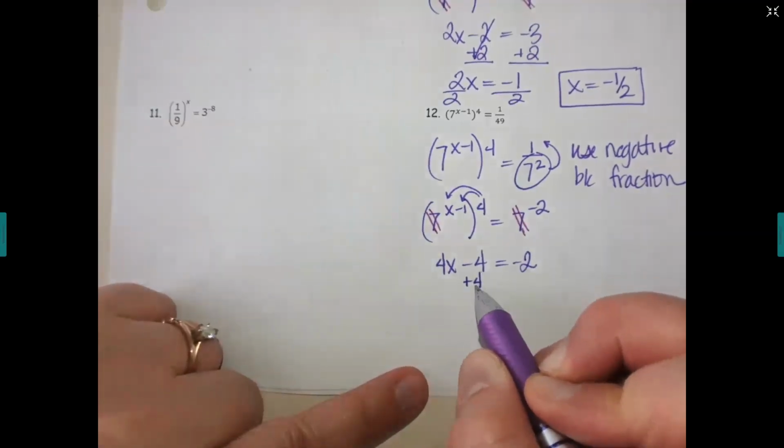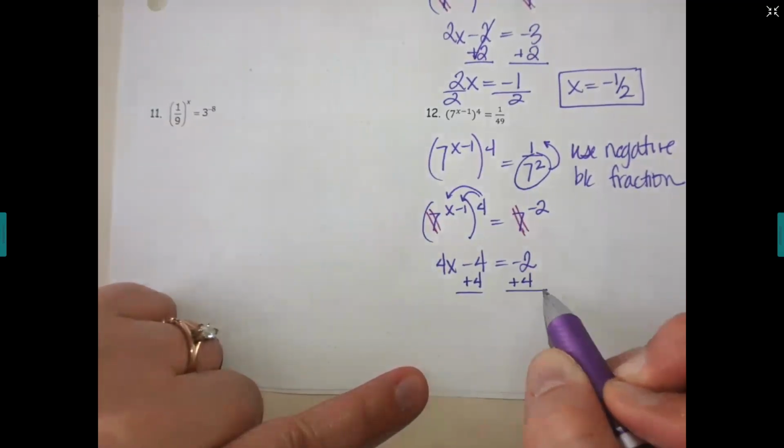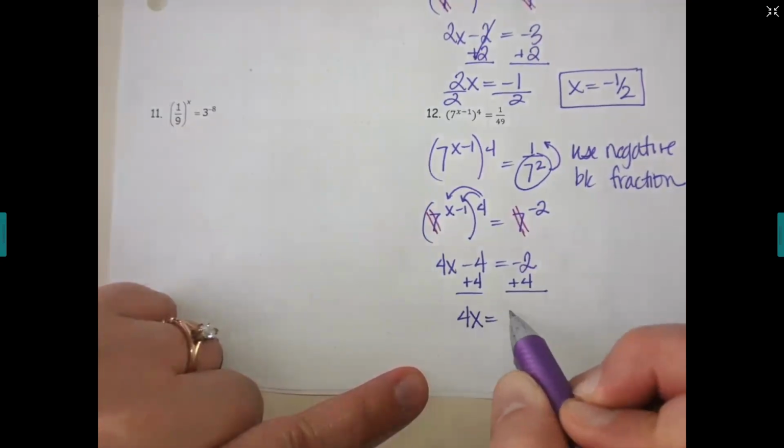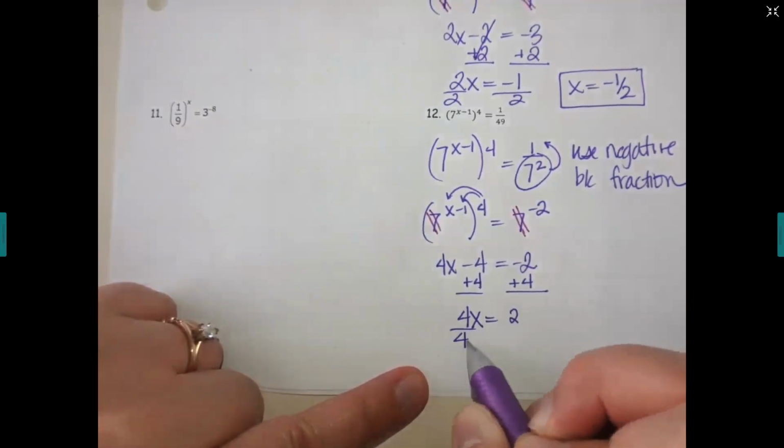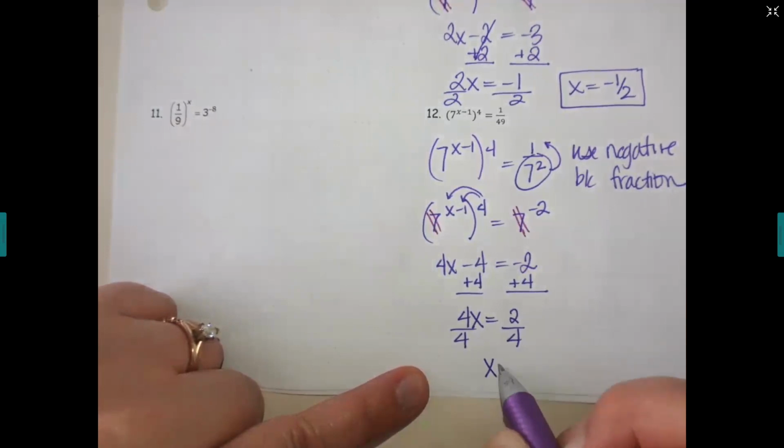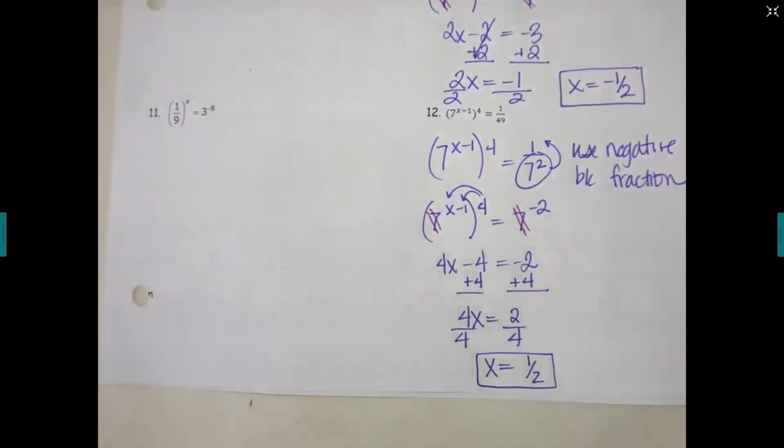In your calculator, what is negative 2 plus 4? 2. And then divide the 4 across. You get x equals 2 over 4, which is the same as 1/2. Okay. There are a lot more examples, but we kind of feel like we get the idea. So if it's a fraction, just use a negative in your exponent and you're good.